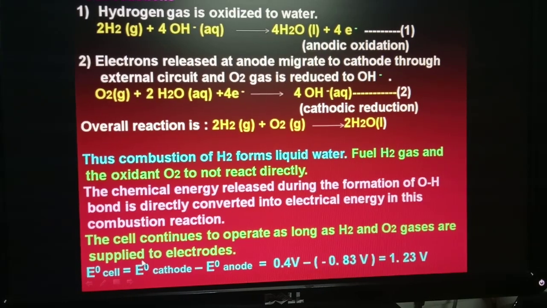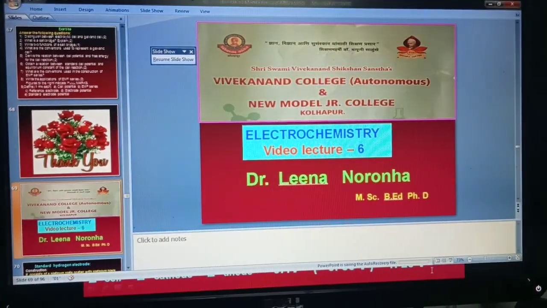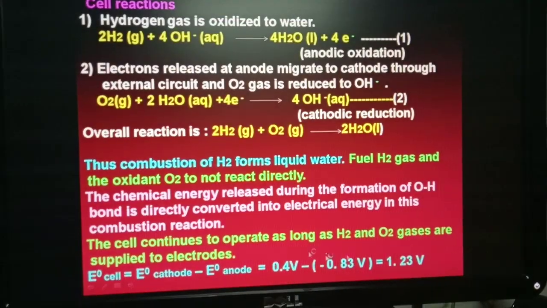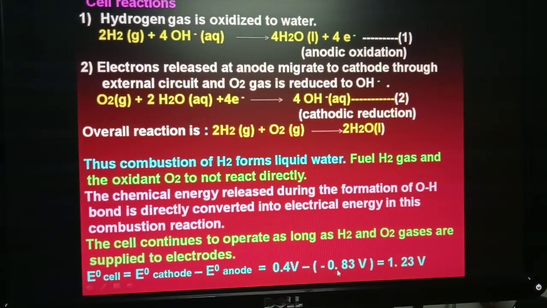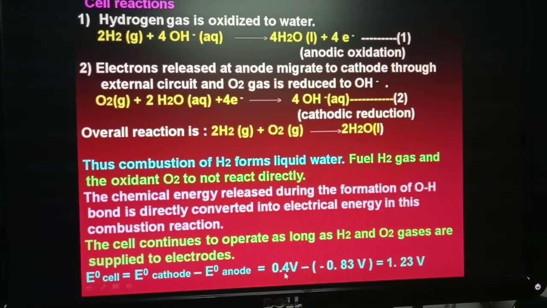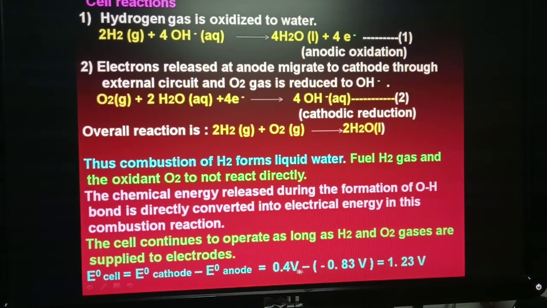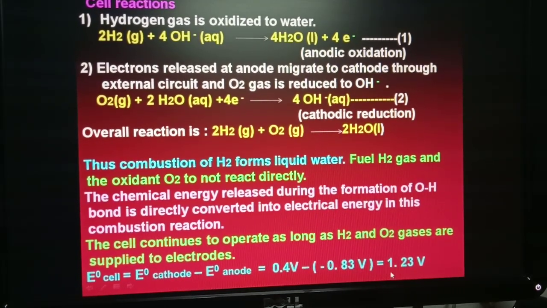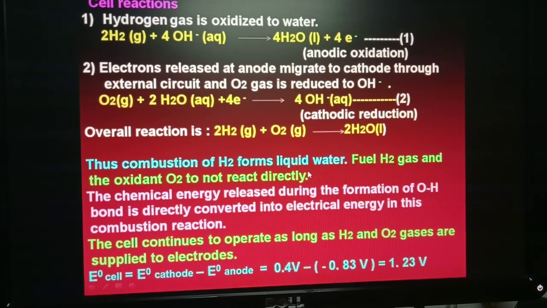E0 cell is equal to E0 cathode minus E0 anode. The electrode potential of the cathode is 0.4 volt and of anode is minus 0.83 volt. So 0.4 minus of minus 0.83, that will give 0.4 plus 0.83, so that is equal to 1.23 volt.